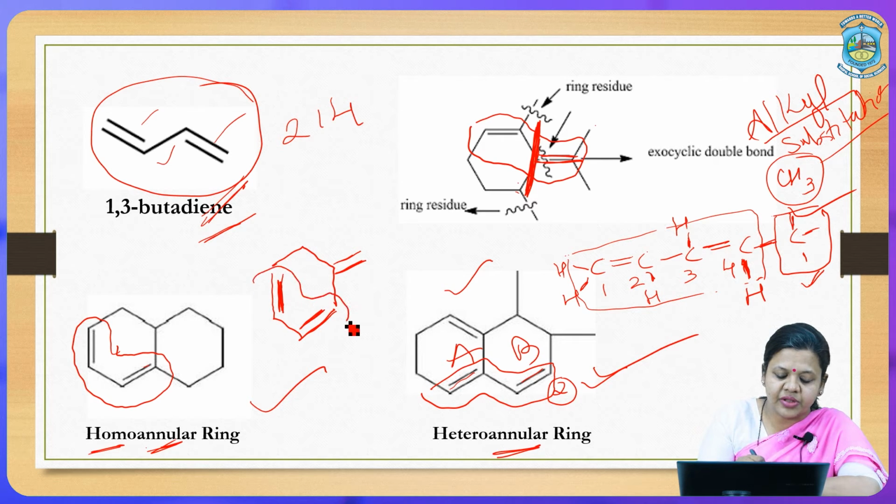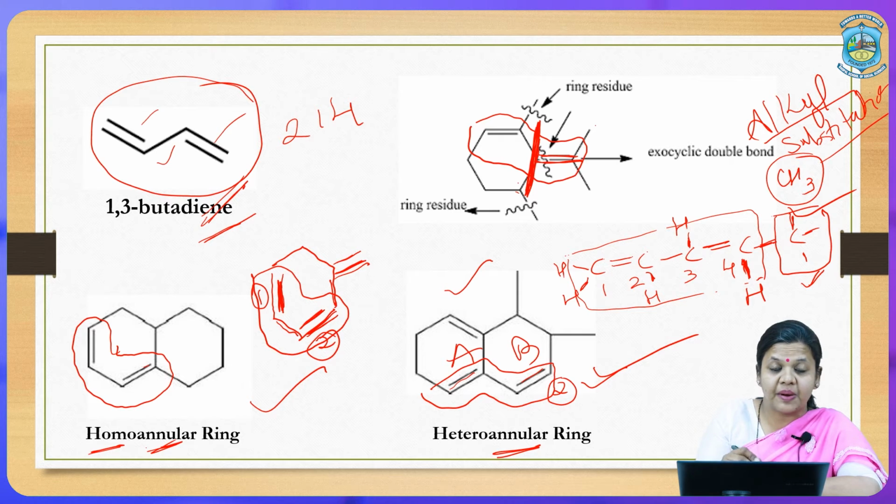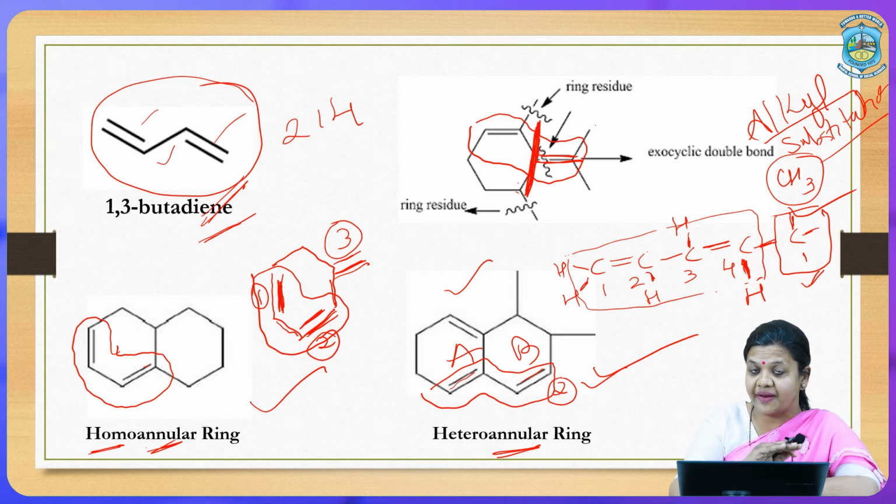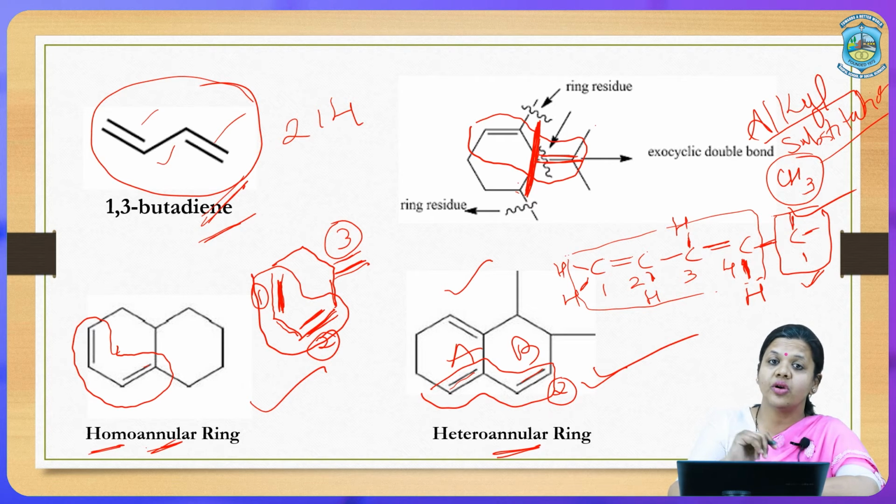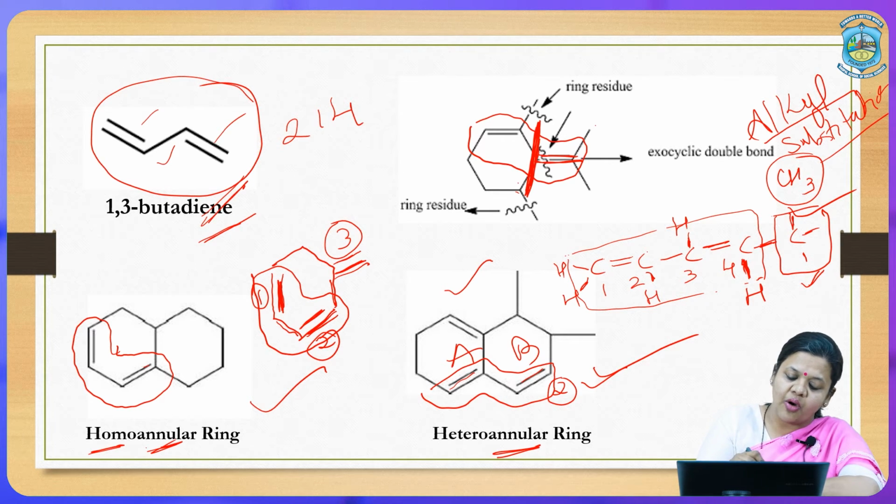This is the 1,3-butadiene base: double, single, double, single, double. So, this first bond and second bond are part of the base value, but this third bond is actually the extension of conjugation which I have told you earlier. And there is one more condition with this, that this double bond is perpendicular to the ring. It can be another condition.